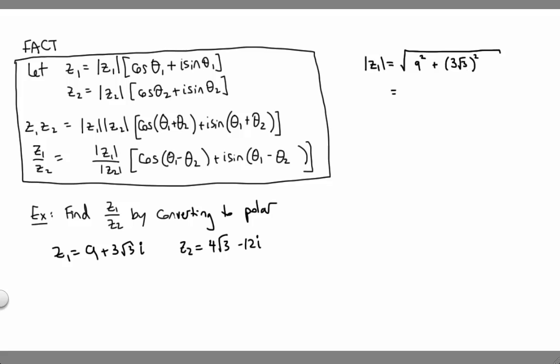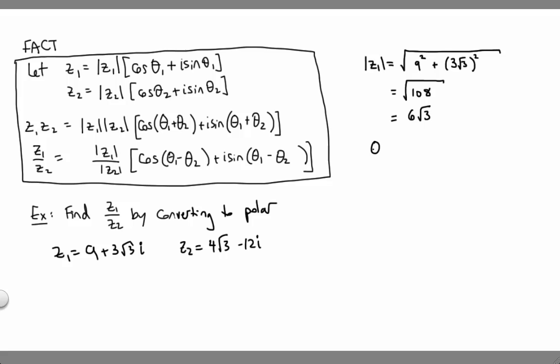Under the square root, that would be 81 plus 27, so in other words, root 108. You could leave it like that, or if you wanted to simplify, you might notice 36 divides into this. If you did notice that, you could write that as 6 root 3. Otherwise, you could just leave it as root 108.